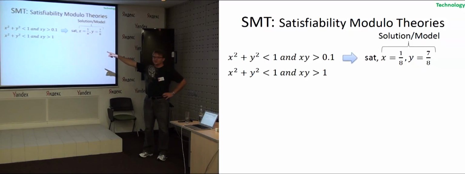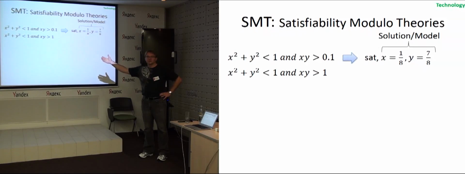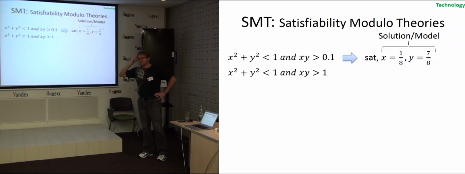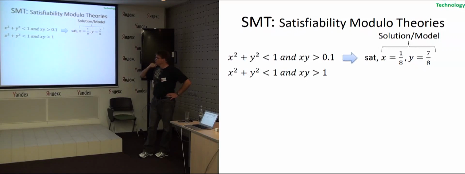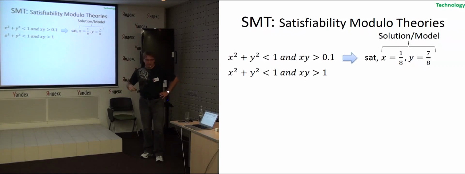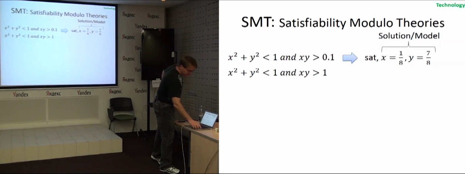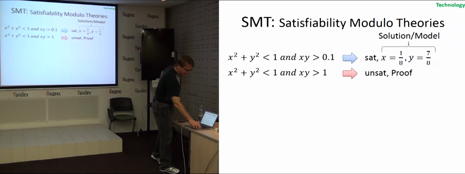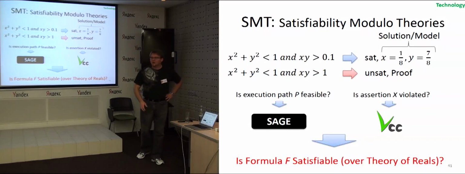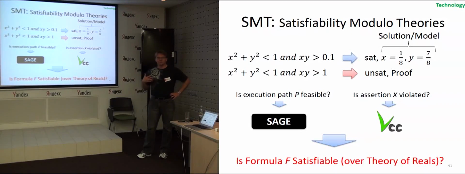So is there anything in the unit circle such that when we multiply them by each other, if we multiply two numbers that are less than 1, the result will be greater than 1? So no, it's unsatisfiable. This is what an SMT solver can be used to answer. So we can answer such questions whether formulas are satisfiable or unsatisfiable.